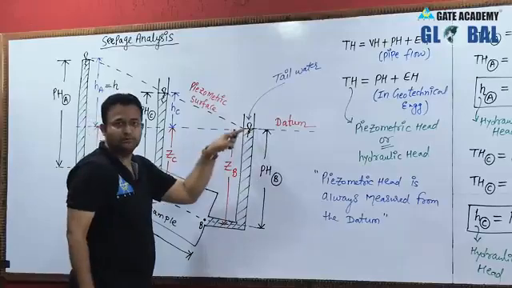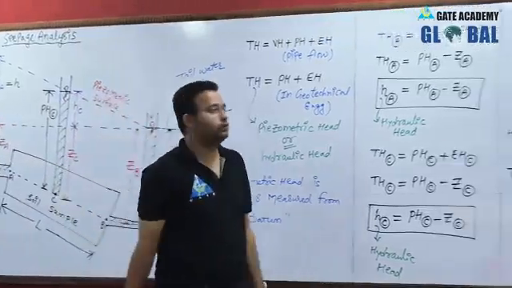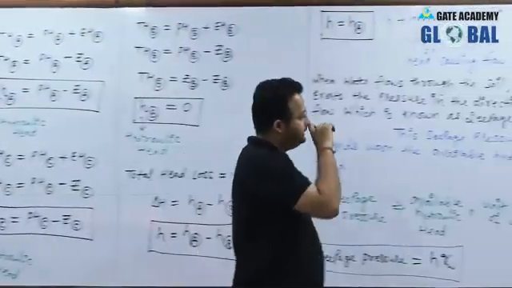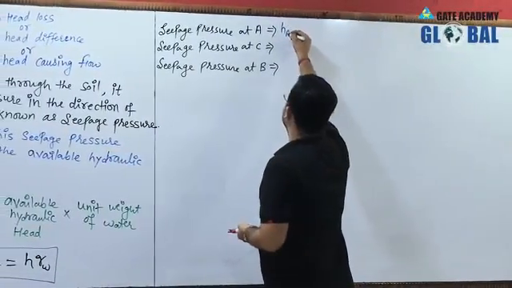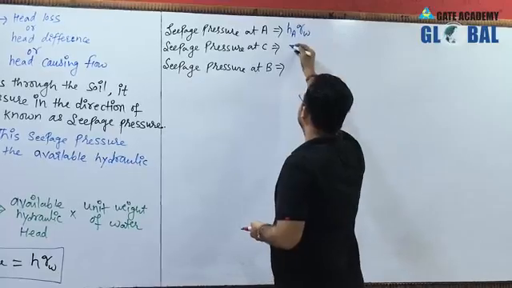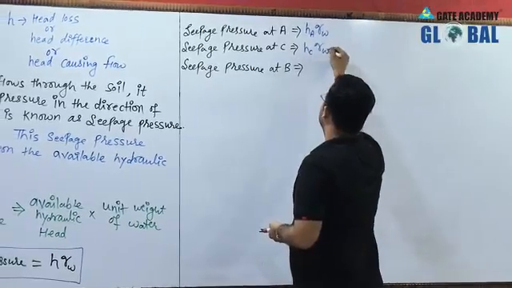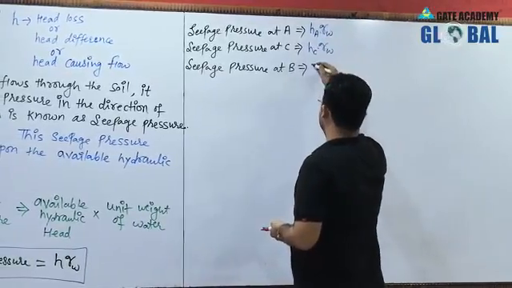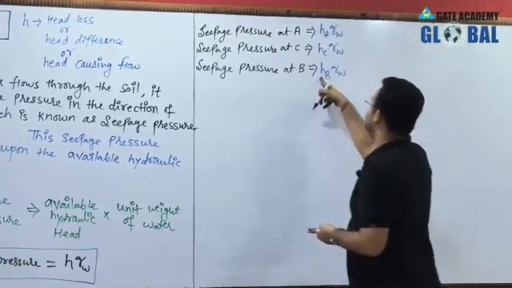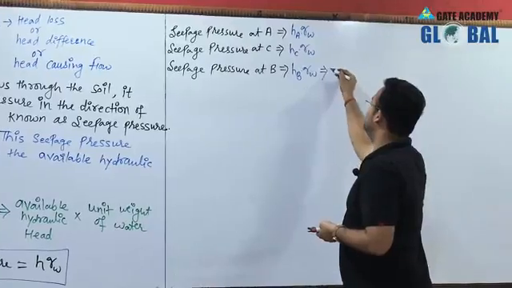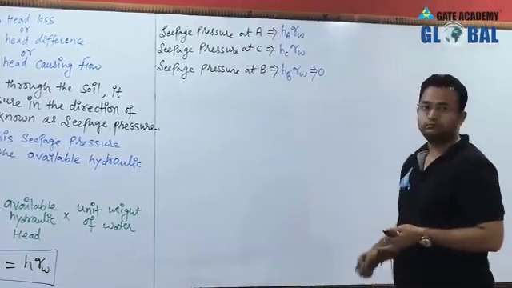It is 0. So seepage pressure at point B is 0. So I can write the seepage pressure at A as HA into gamma W, at C as HC into gamma W, and at B as HB into gamma W, and HB is 0, so this value is 0.